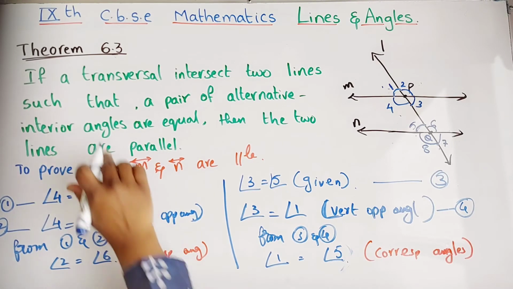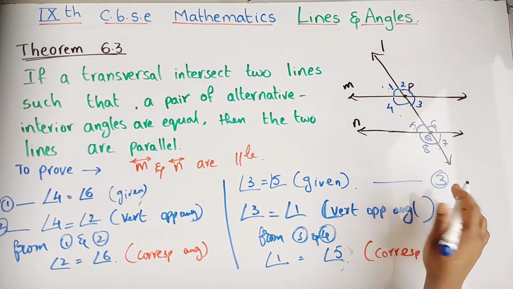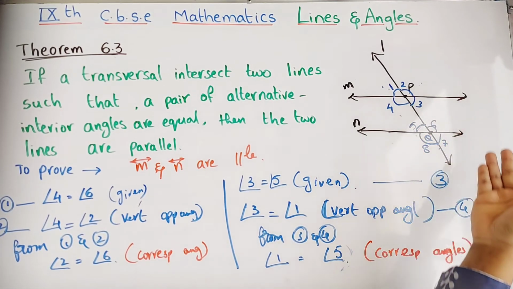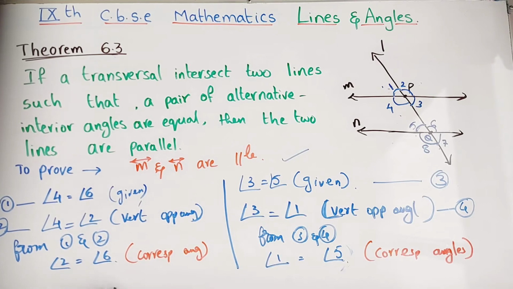That means if a transversal intersects two lines such that a pair of corresponding angles are equal, it means both the lines are parallel lines. That's what we have proved. So line M and line N are parallel. Right, children?